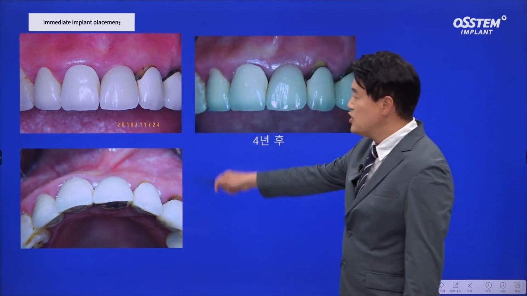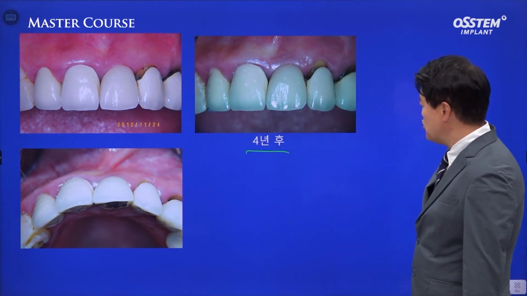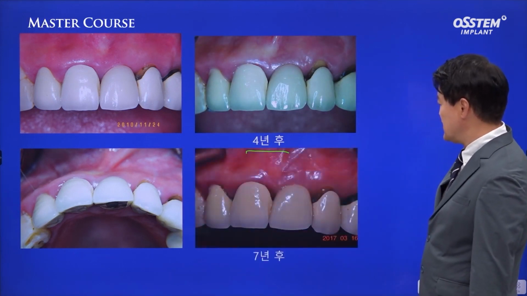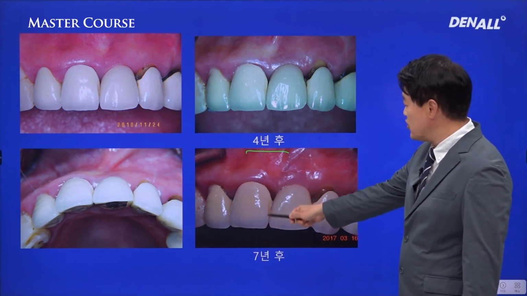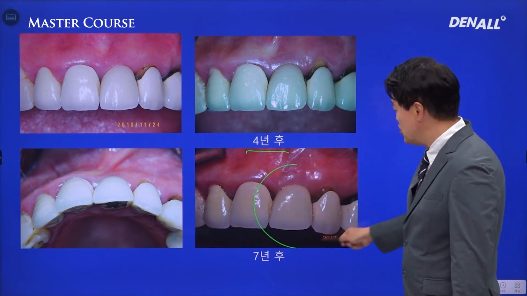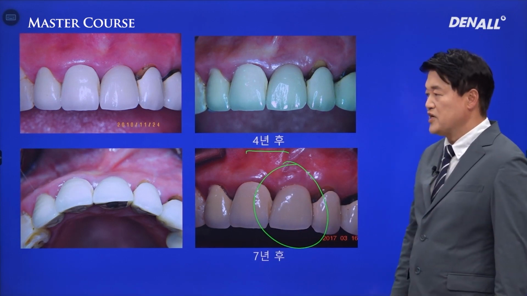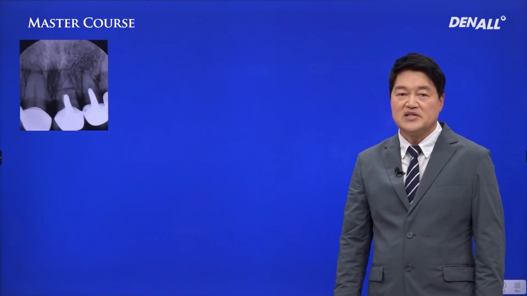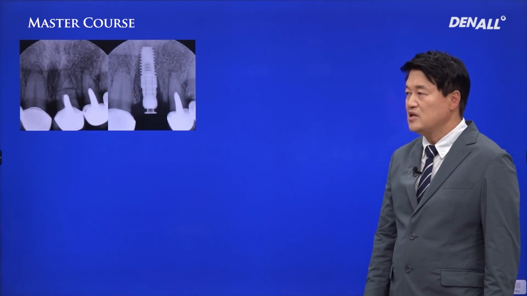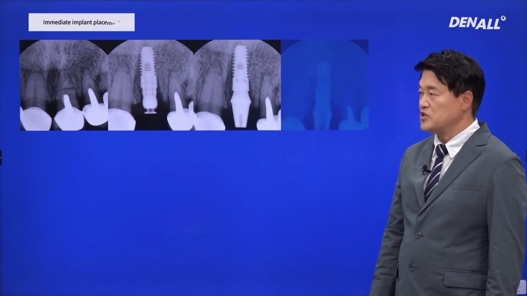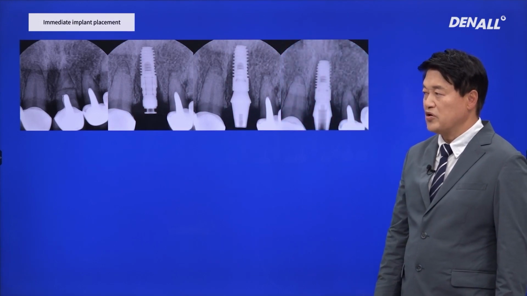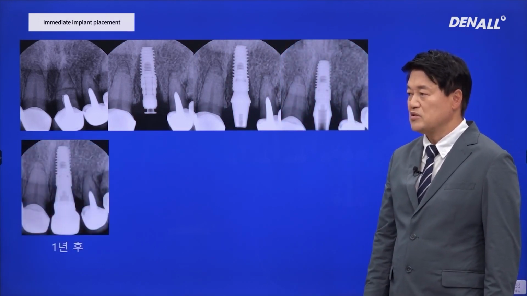This is after prosthesis and this is after 4 years and 7 years since prosthesis delivery. You can see that stable results have been achieved, although significant period has elapsed. If you look at the X-ray, this is before extraction, before GBR, and after GBR and abutment connection. The next one is after final abutment connection.